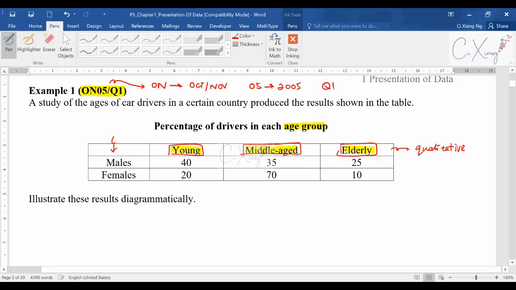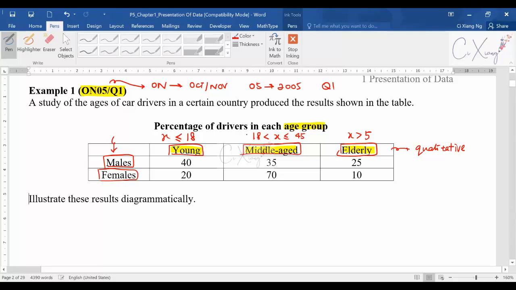And this one is for gender, right? Then for gender also, male and female is definitely qualitative. So this whole table is actually qualitative data. Okay, unless they give you something like this. Maybe young, they say, oh, young is maybe smaller than or equal to 18, or maybe middle age means from 18 until, let's say, 45, and then for older, X more than 45.